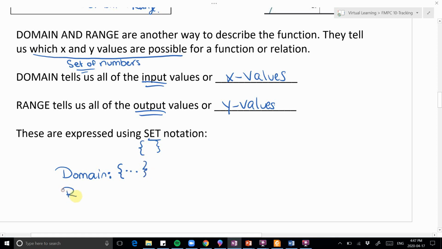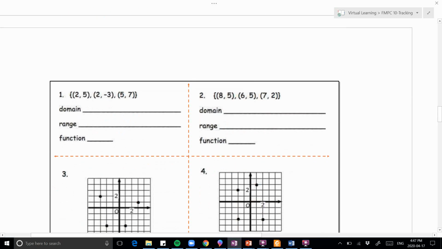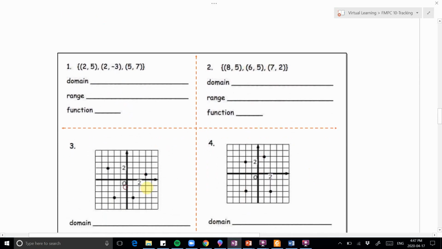And we could also say that range could be any number in this data set. Right, so we use that set notation. So this is a set of numbers.